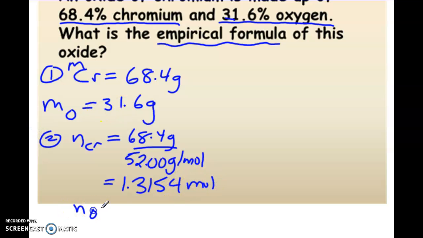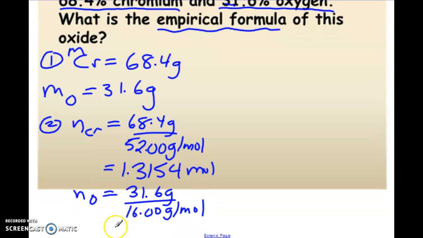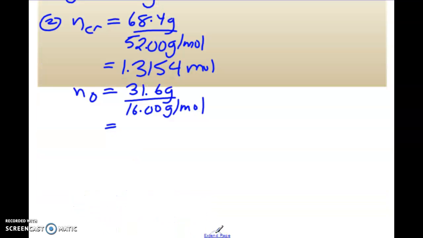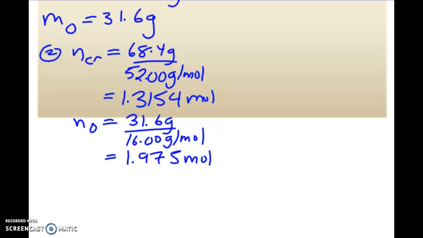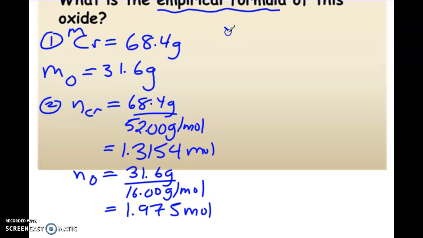And then our moles of oxygen, 31.6 grams over 16 grams per mole, which gives us 31.6 divided by 16, 1.975 moles.